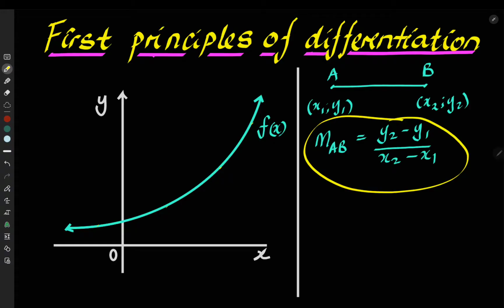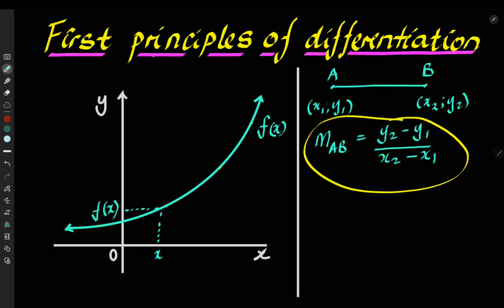But we can determine what we call the gradient function using differentiation. So now let's suppose on this curve, which is f of x, you are given the x coordinate, and let's call it x. And obviously, your y coordinate is going to be the function of x.